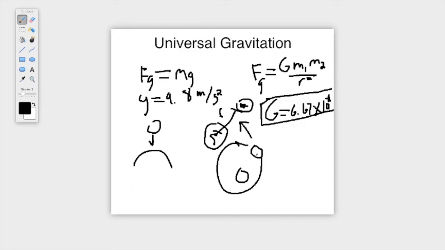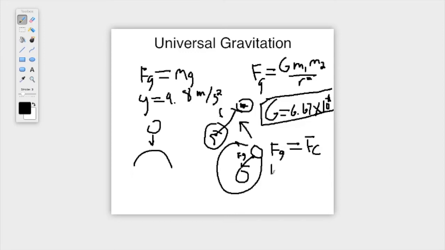And because the planet that's orbiting the bigger planet or the source is being attracted to the center, we can say that the force of gravity is a centripetal force.